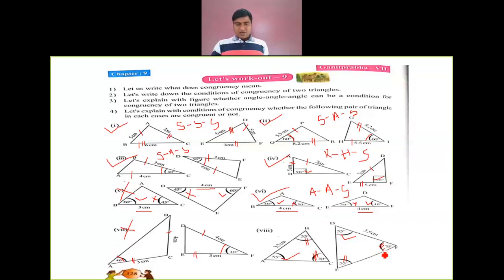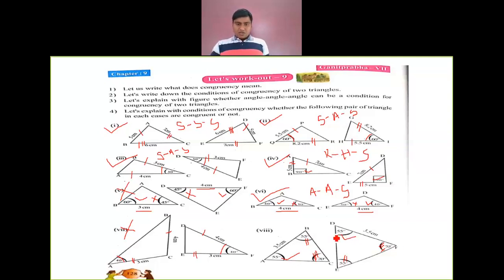Three angles are given, but this is AB. This side is the included side of 55 and 55. So this is 3.5 centimeter, but in this triangle DF is 3.5, but this side is not included; this side is not the side included between 55 and 55, this side is between 55 and 70 degree.